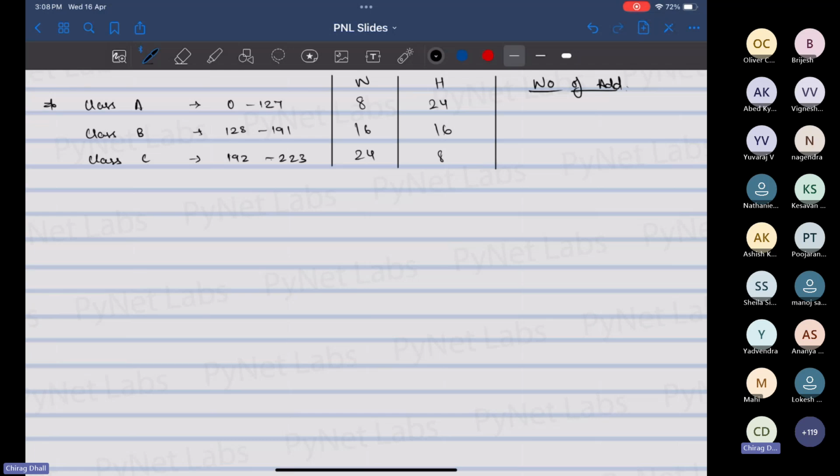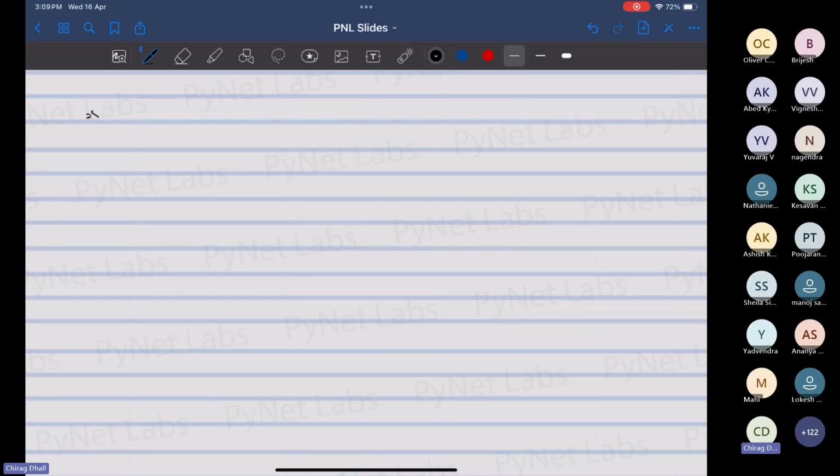So 2 raised to the power 24 gives me 16 million addresses. And 2 raised to the power 16 gives me 65,536. And 2 raised to the power 8 gives me 256 addresses.